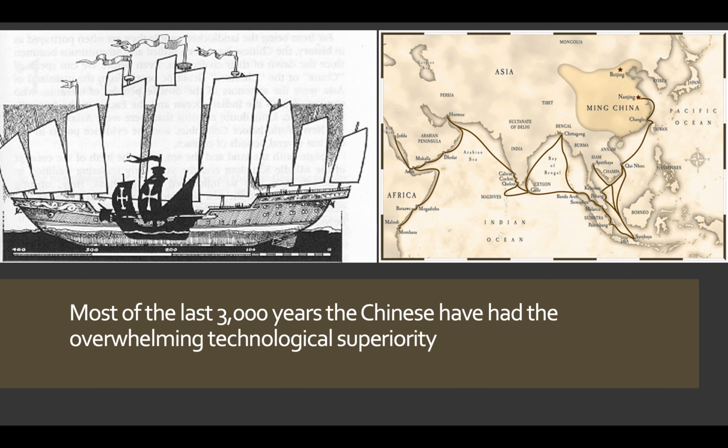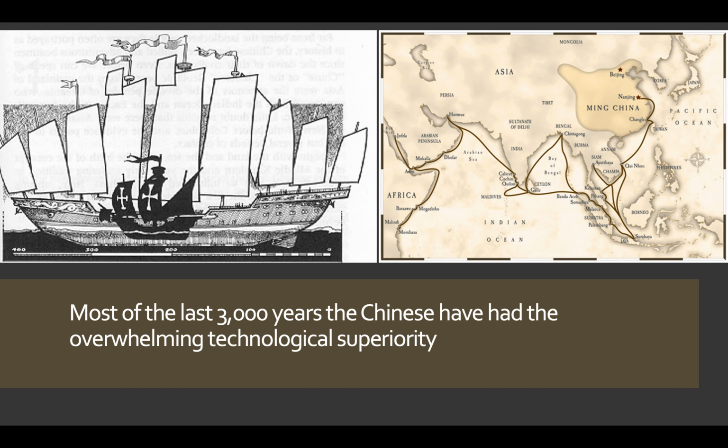Zheng He led this armada of ships, 317 ships, all at sea in a group together. 28,000 sailors on these 317 ships at sea together, going from place to place together.